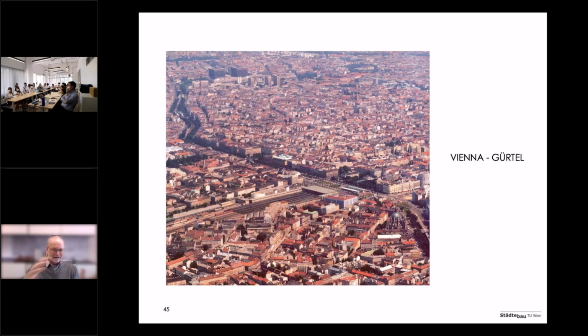What you see here, this kind of channel going through this ocean of houses, is the Gürtel, the belt. Vienna city belt is one of the main axes. It has about 3 or 4 lanes in each direction, and in the middle there is the subway line, sometimes elevated, sometimes underground, depends on the topography.